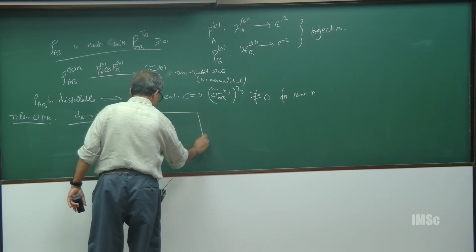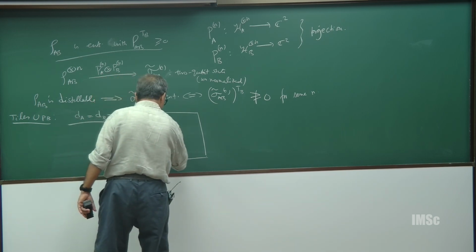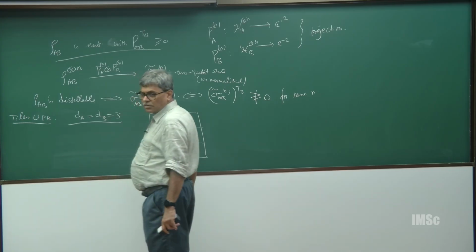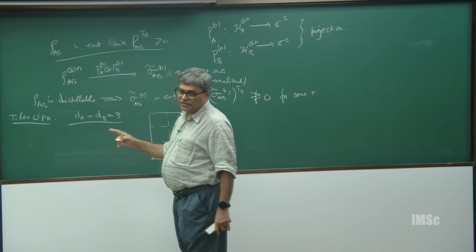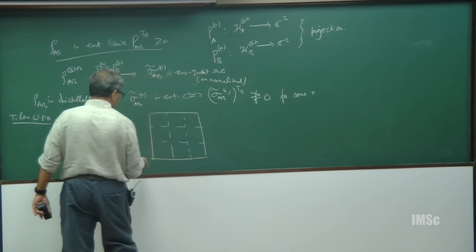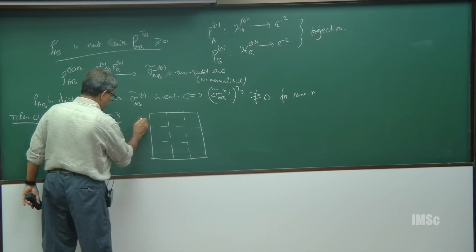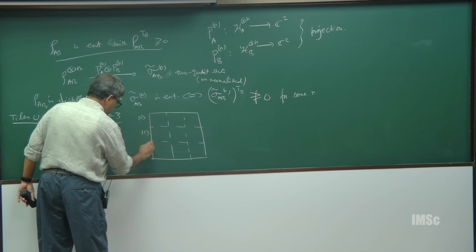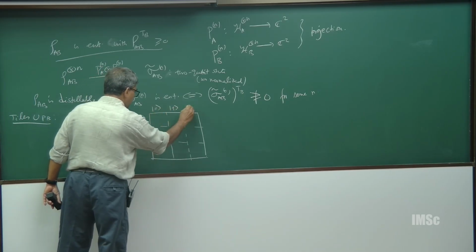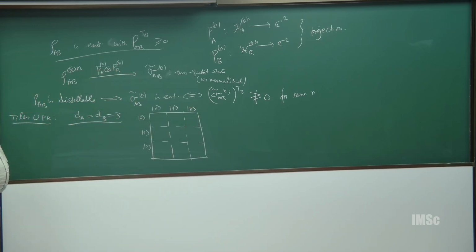This is like tiling your floor. What does UPB stand for? Unextendable product basis. So let us call it 0, this is 1, this is 2, this is 0, this is 1, this is 2.